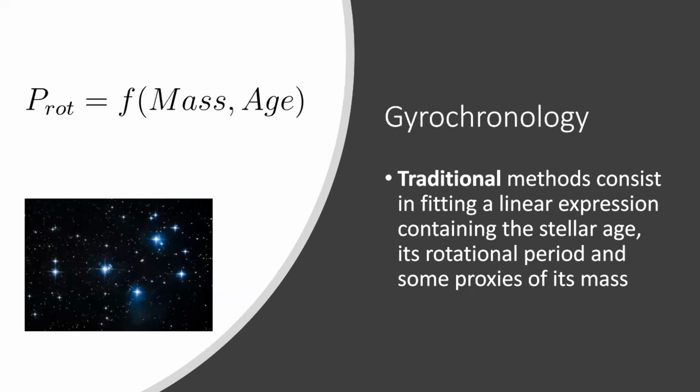Traditionally, gyrochronology techniques have been fitting a linear expression containing these three variables: the rotation period, the mass of the star, and the age. Having access to two of them, you can infer the other one, in this case the age.